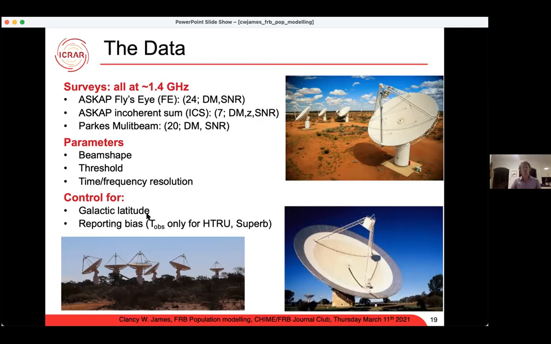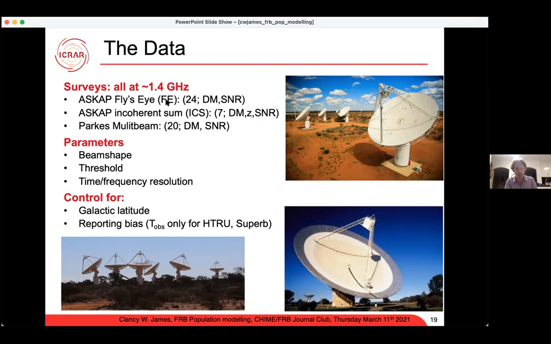So I do not include observations where we're looking deep through the galactic plane, simply because technically all the calculations depend on your local DM contribution, and having to redo that for pointings that went through the galactic plane is very annoying. And also, as I mentioned before, control for the reporting bias. So these samples here are subsets.